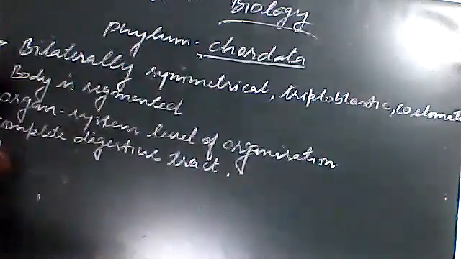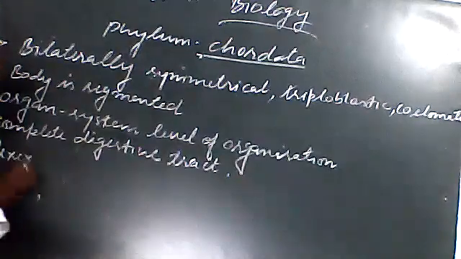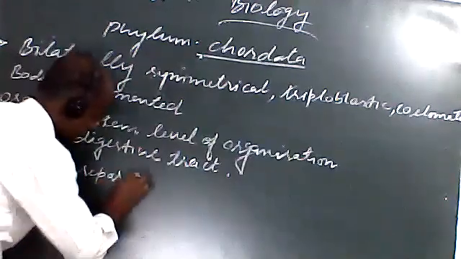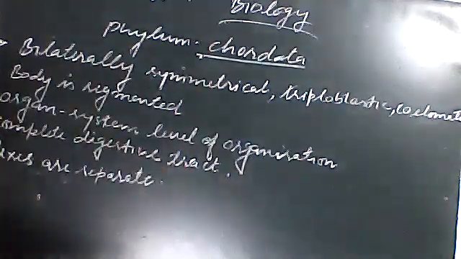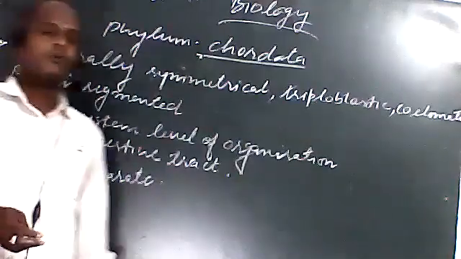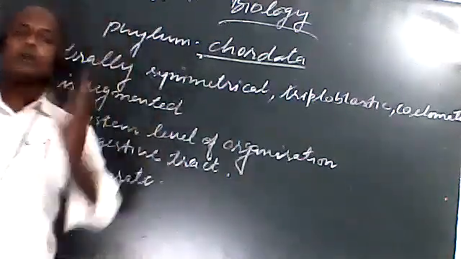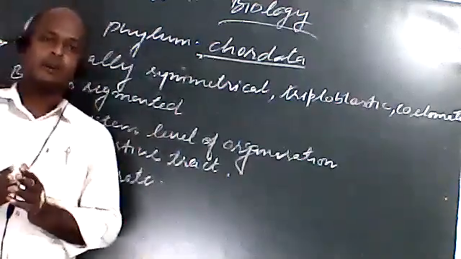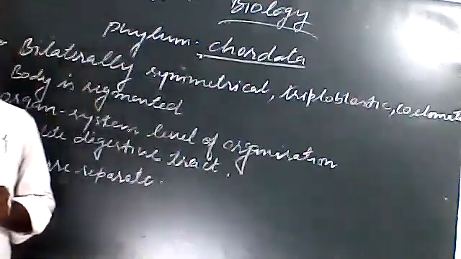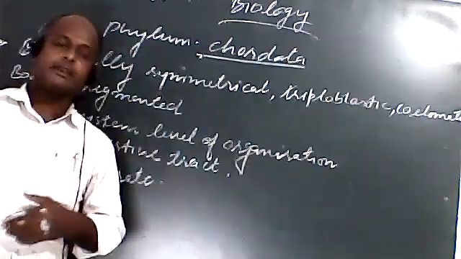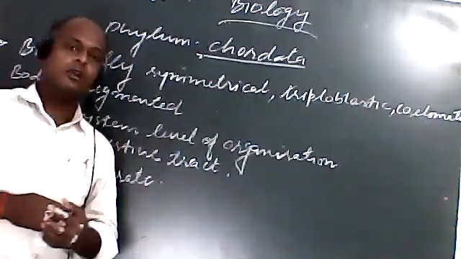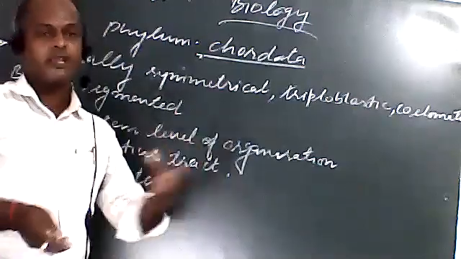These are the organisms in which the sexes are separate. If you see the structure of the organisms, there is formation of gonads with gonoducts. This is a special characteristic of chordates: there is no asexual reproduction, and gonads are present which carry through the gonoducts.